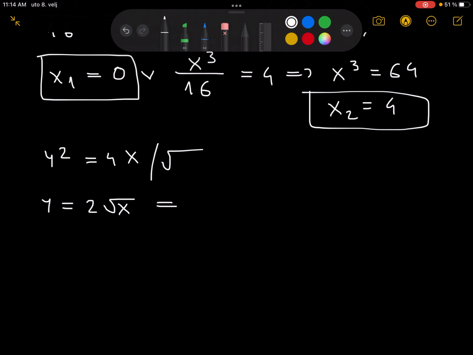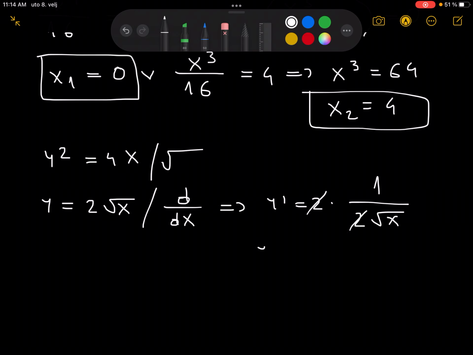When we differentiate this with respect to x, we get that y prime is equal to 2 times the derivative of the square root of x, which is just 1 over 2 times the square root of x. The 2 and 2 cancel out, and so y prime is equal to 1 over the square root of x.